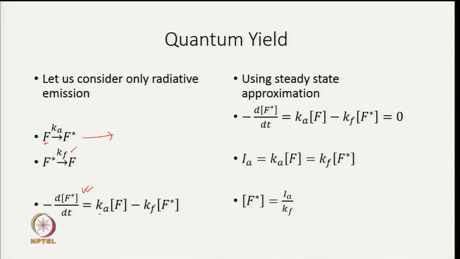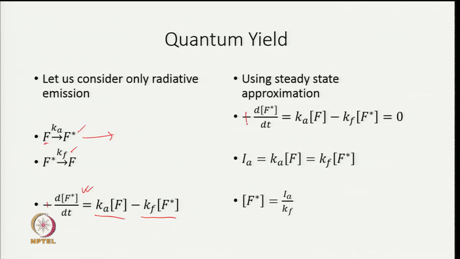What we are looking at is how F star changes with time, and since F star is formed by this reaction, there will be a plus sign here, and here there will be a minus sign, since F star is getting consumed in the second step.